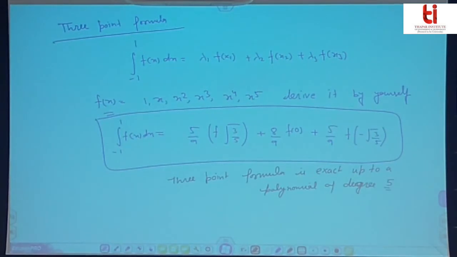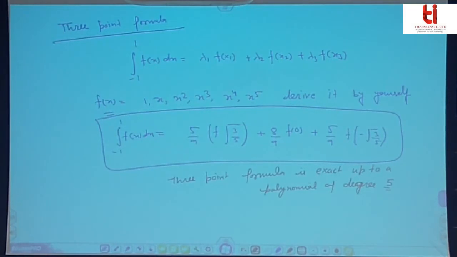So these formulas are simple to apply and give better accuracy than the Newton-Cotes formula. So they are much more used than the Newton-Cotes formula.